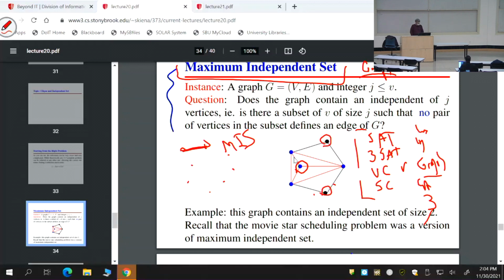Does everybody agree? What do I know about the remaining vertices? How many edges are there that both of their endpoints are in my independent set?